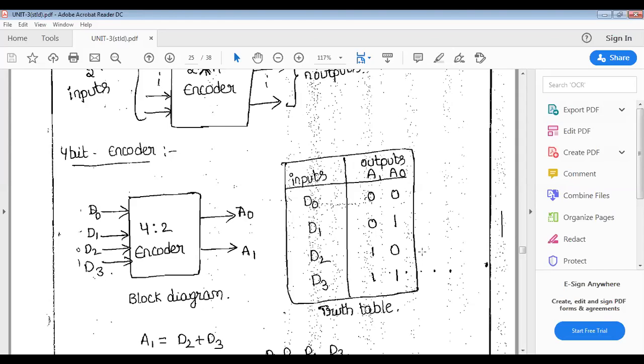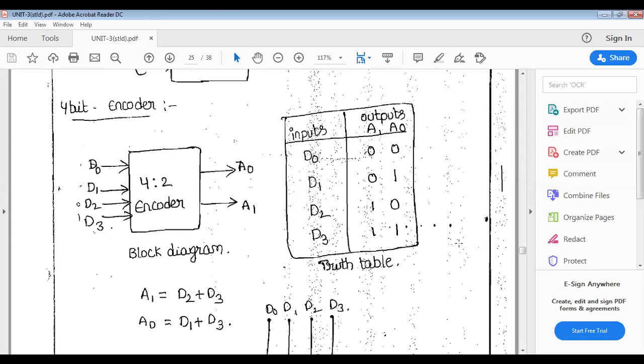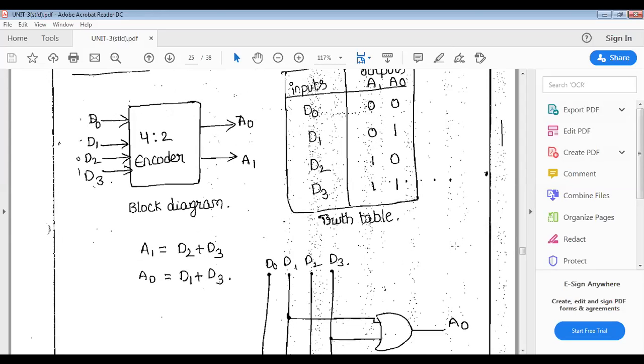The binary is 0, 1, 2, 3 on the output side. Let the two outputs be A0 and A1. Looking at where A0 is high, it is high at D1 and D3. And A1 is high at D2 and D3.